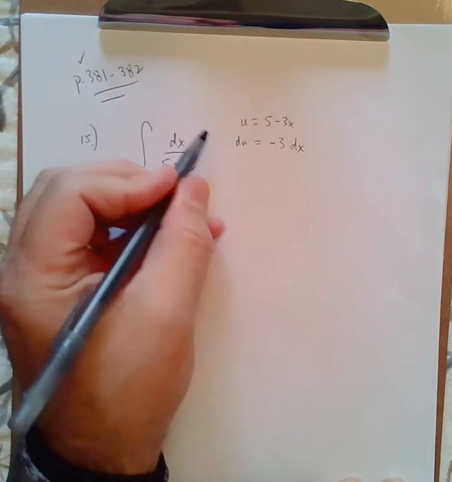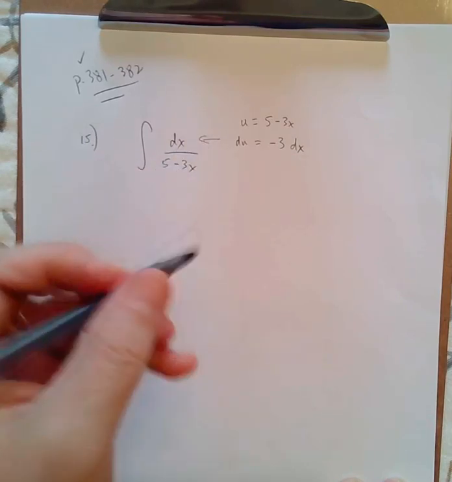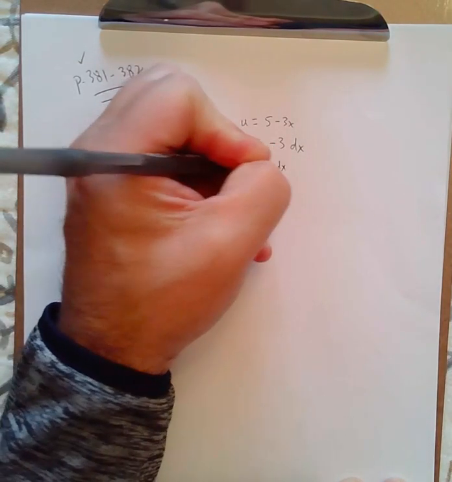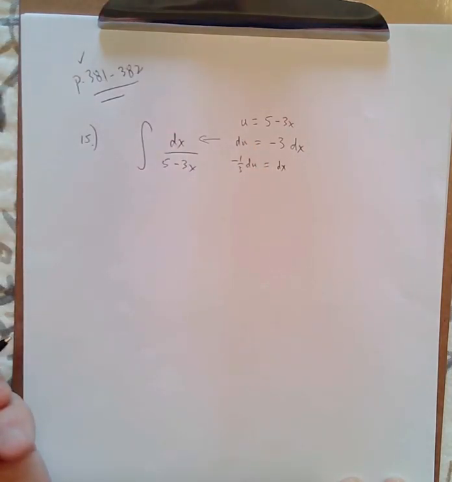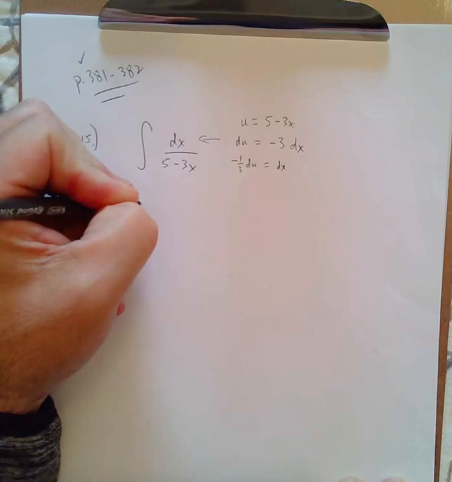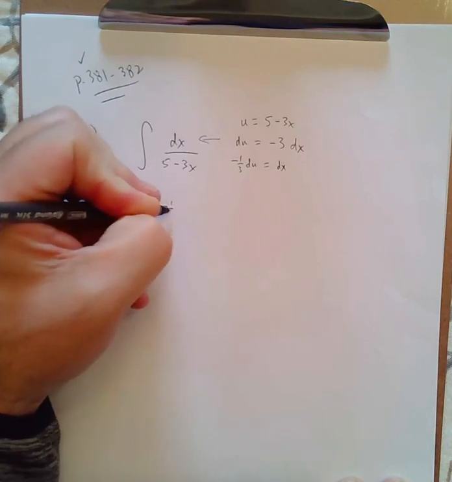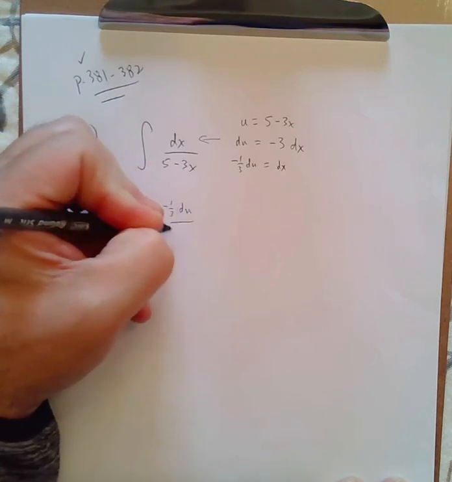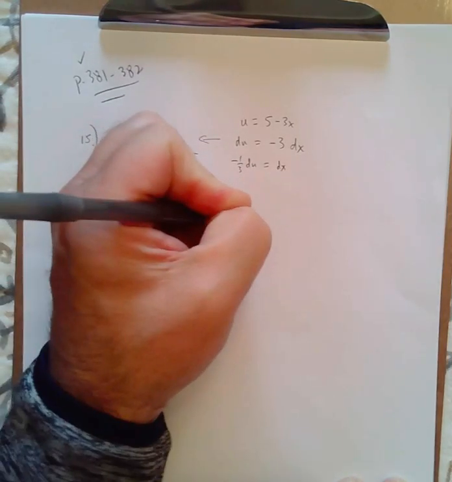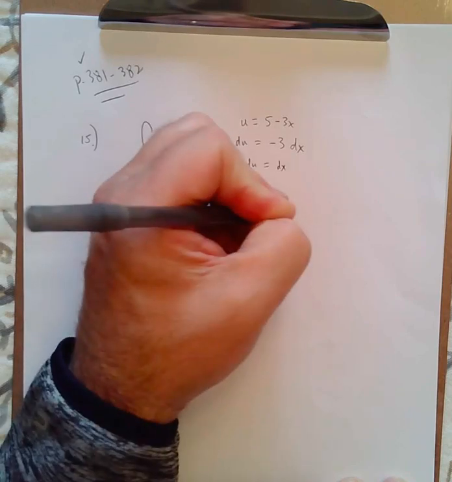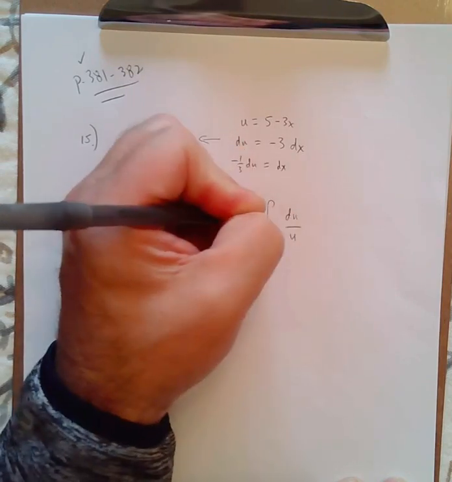And I only have a dx in the integral, so dx equals negative 1/3 du. Resubstitute negative 1/3 du over u, pull the constant out. This is what you're trying to get right here.